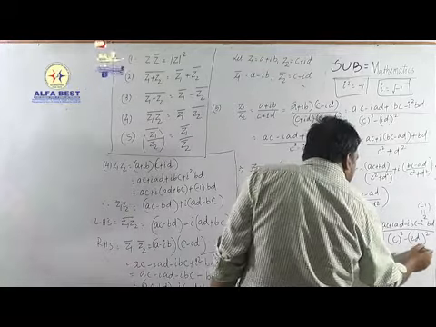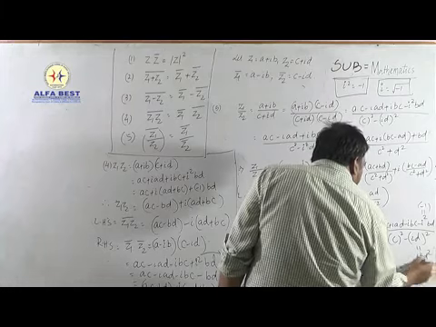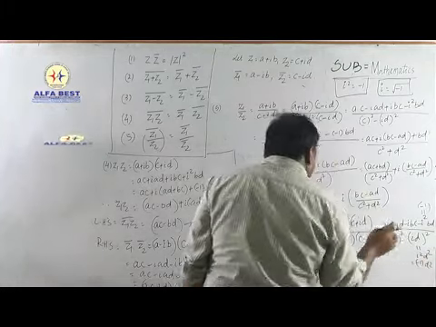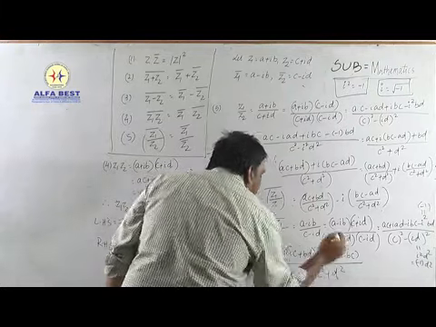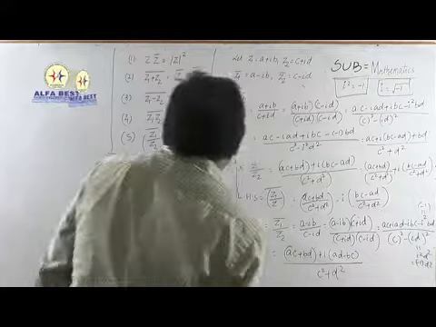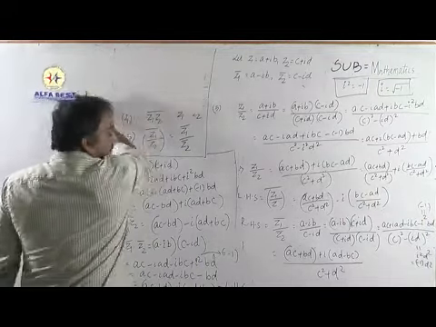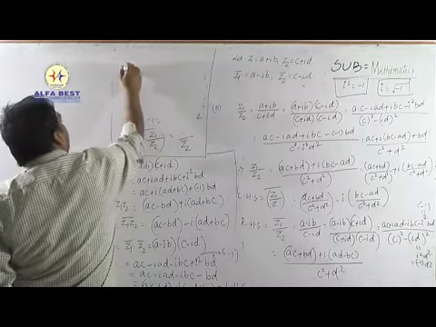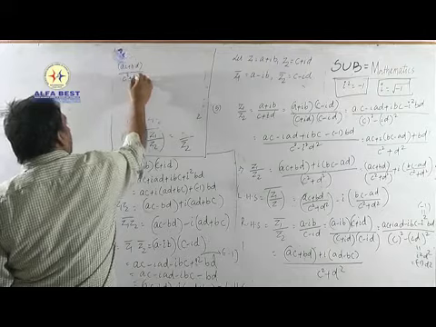This can be written as I square D square, so minus 1 into D square, minus minus will be plus. This will be C square plus D square. So dividing it, this will be AC plus BD divided by C square plus D square.